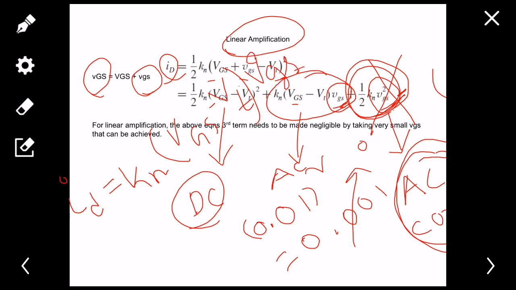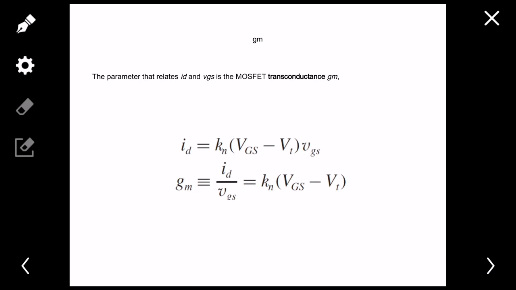This is the small ID, and the big ID is the first term. Okay, so now let's move on to this one. See that this is the thing I have tried to show you. ID is equal to Kn VGS minus VT into VGS. Now if I divide the whole equation by VGS, then I find ID by VGS is equal to this one, which is actually known as GM.